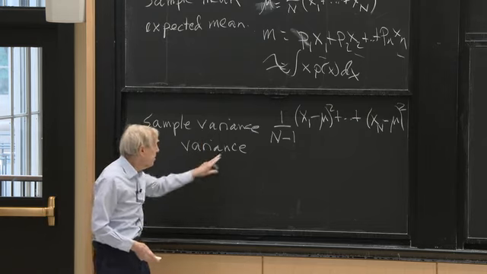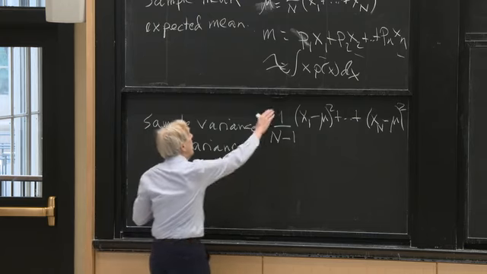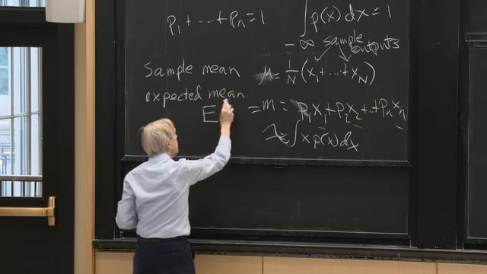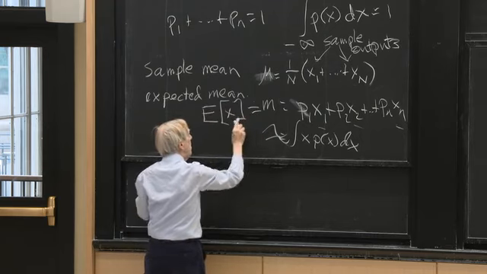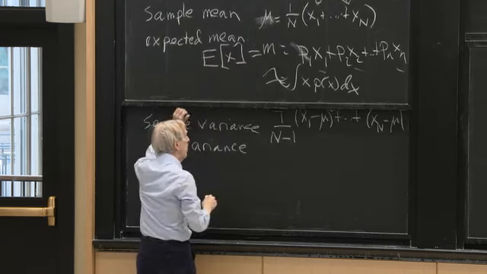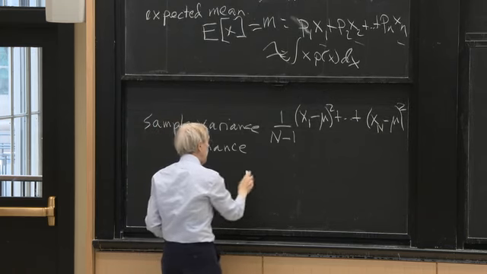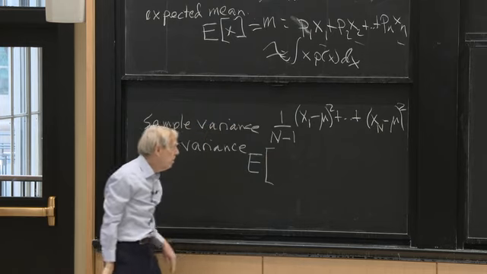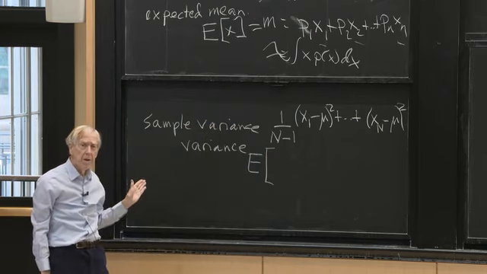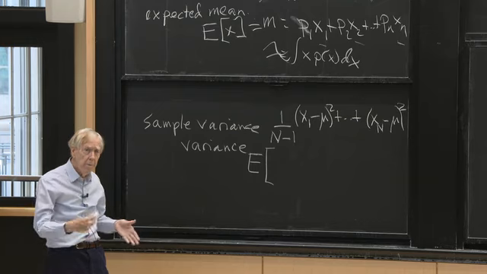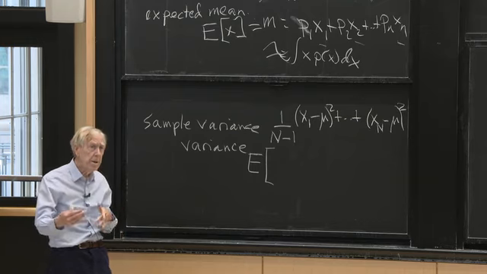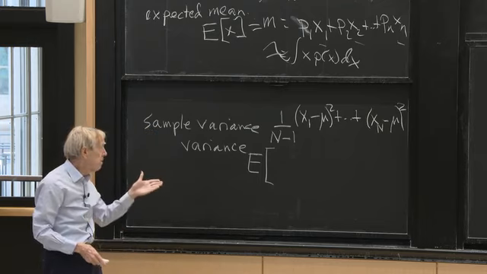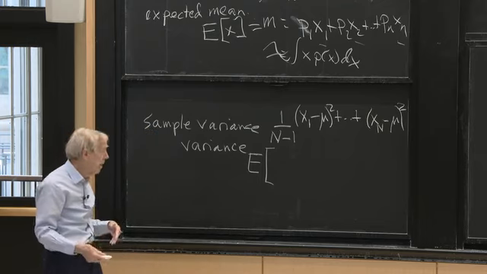Here, so what's the variance? I should have given you the usual notation. The expected value of x, that's the mean. And here I'm looking at the expected value of what? When I'm computing a variance using probabilities, I'm using expectations, not trial runs. Expectations means use the probabilities.